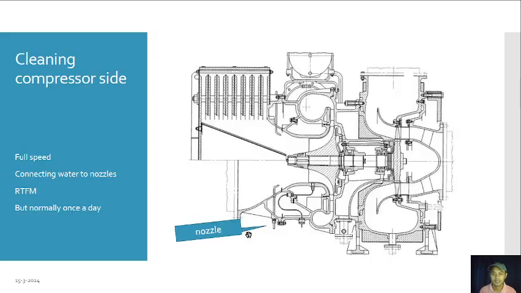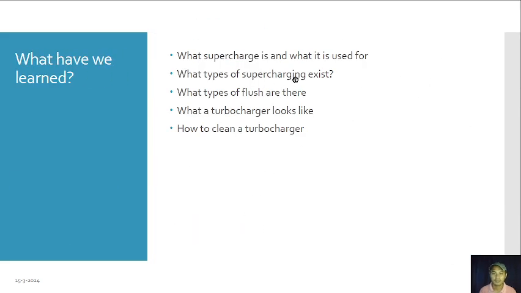That's it. Okay, so what types of supercharging exist? We have the auxiliary blower, we have the supercharger, we have the flushing piston. What types of flushing are there? There are the uniflow flushing, the cross flow flushing, and the counter flow.